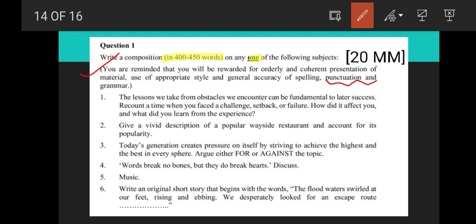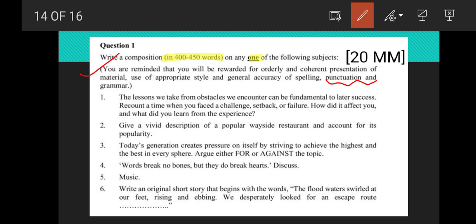So the first one says: the lesson we take from obstacles we encounter can be fundamental to later success. Recount a time when you faced a challenge, setback, or failure. How did it affect you, and what did you learn from the experience?